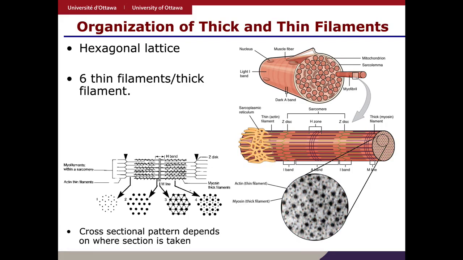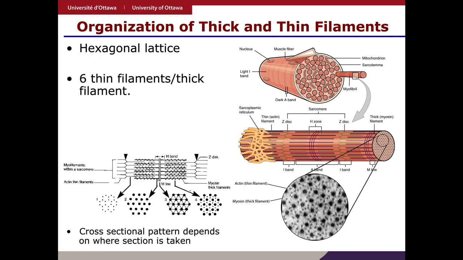Depending on where you take the cross-section through the muscle fiber, you get a particular pattern of thin and thick dots. Notice that a section through the M line shows the thick filaments are connected by proteins that hold them in register with each other. What do you think the pattern would look like if a section was taken through the Z disc, indicated by the arrowheads?